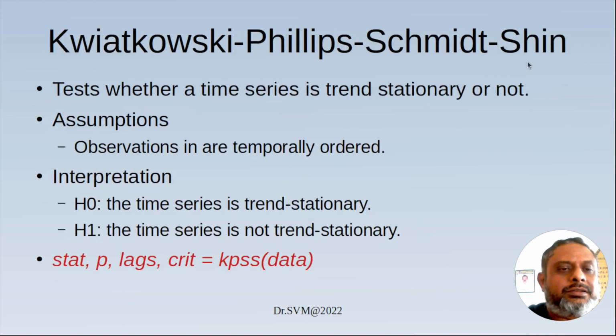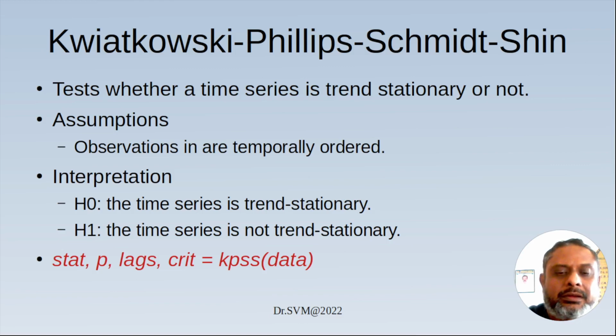Similarly, the other test checks whether the series is trend stationary or not. Observations need to be temporally ordered, and in the interpretation, the null hypothesis says that the time series is trend stationary, whereas the alternative hypothesis says that it is not trend stationary.